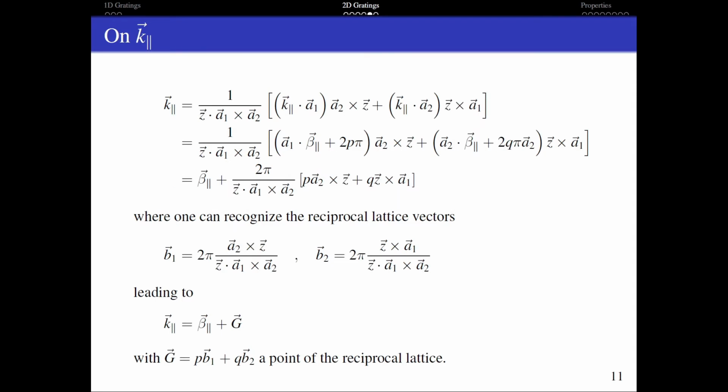Now, this gets a bit more complicated. We have defined this for any vector that is inside the xy plane, which is also the case of the parallel components of the k vector of our output field. And when we apply this, we get the dot products inside this expression.